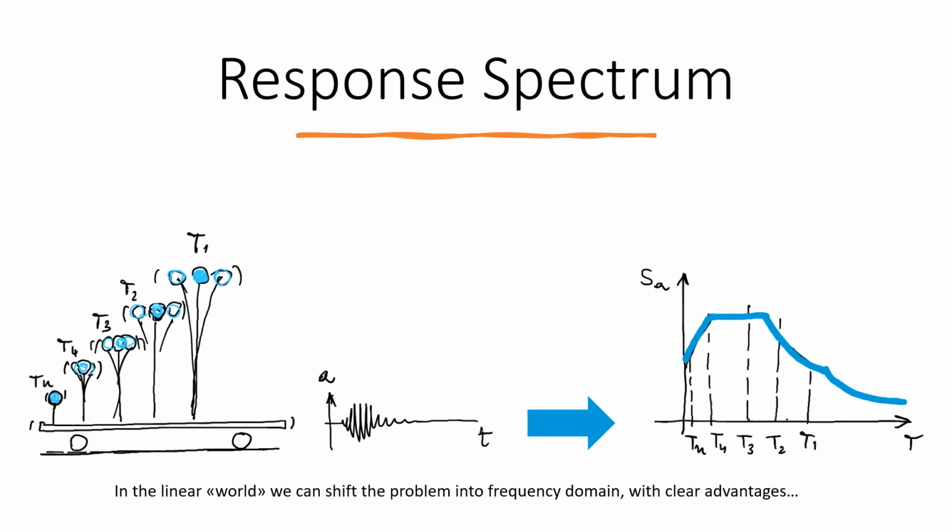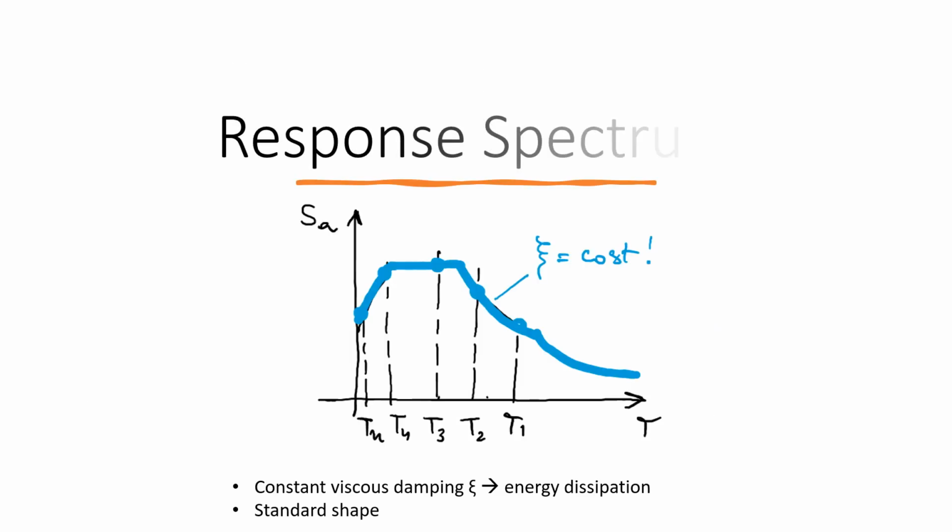Well, response spectrum has inherently other simplifications. The first one is that you normally refer to a code response spectrum with a standard shape, and also that we use a constant viscous damping, constant for all the periods for which we represent the maximum effect by means of the response spectrum.